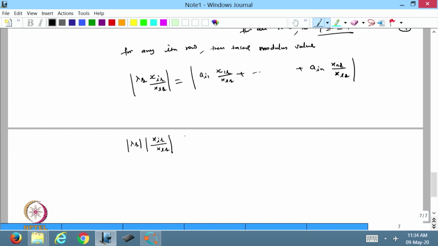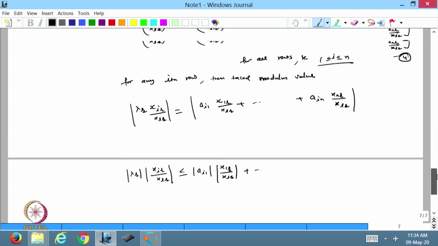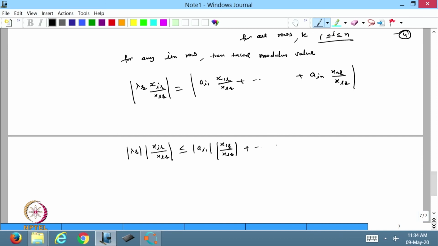So, this can be written as less than or equal to a_i1 modulus x_1^r over x_L^r plus a_iL and then a_in modulus x_n^r over x_L^r. So, this one I have taken.